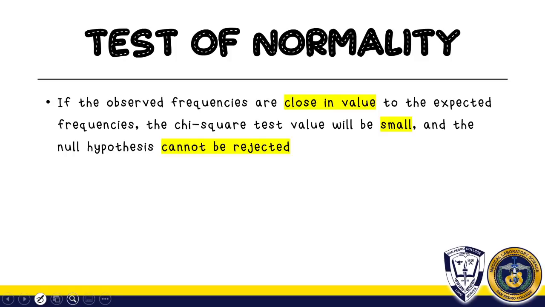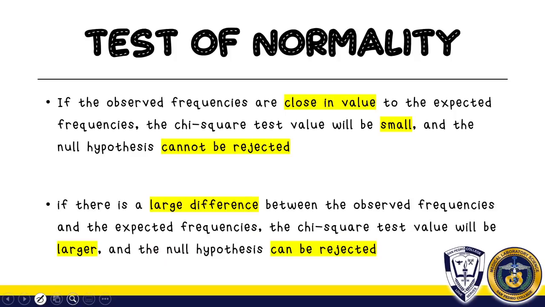So remember this one. If the observed frequencies are close in value to the expected, then your chi-square test value will be small and your null hypothesis cannot be rejected. But if there is a large difference between your observed and expected, then your test value will be larger.